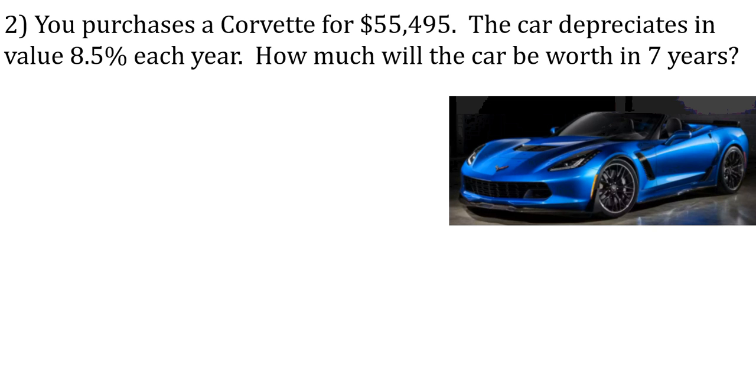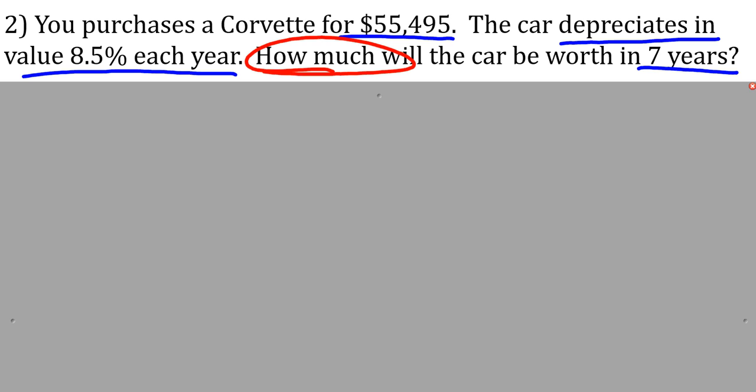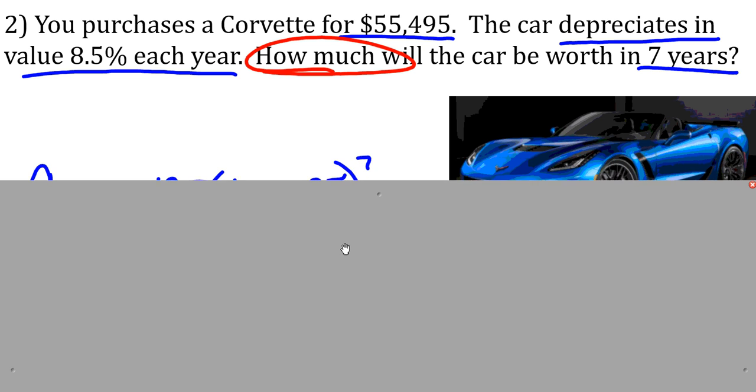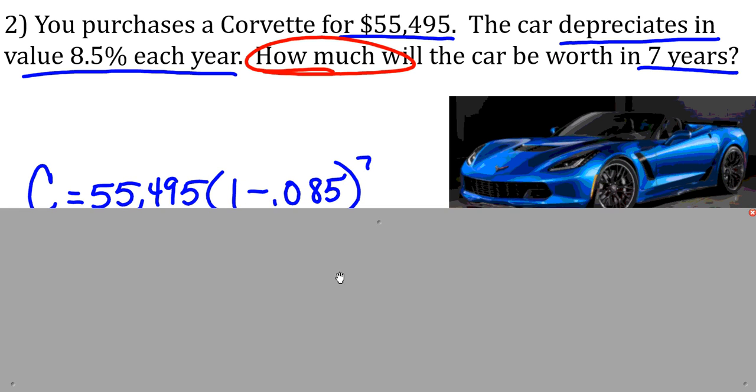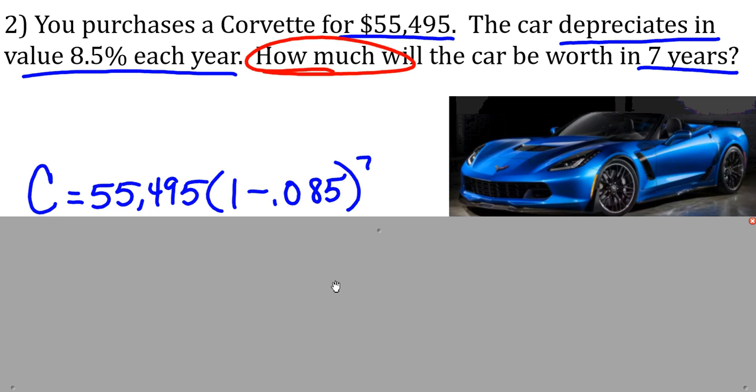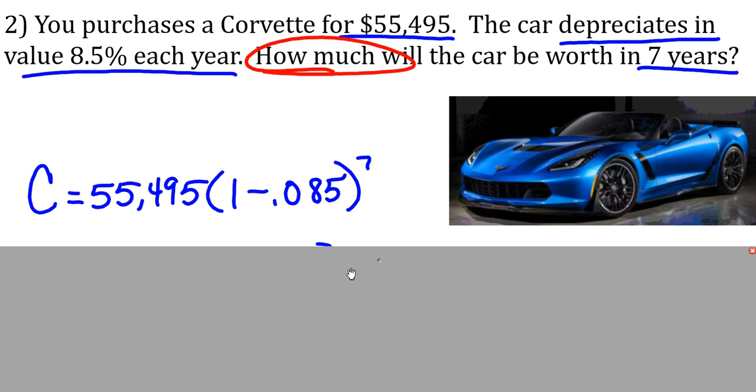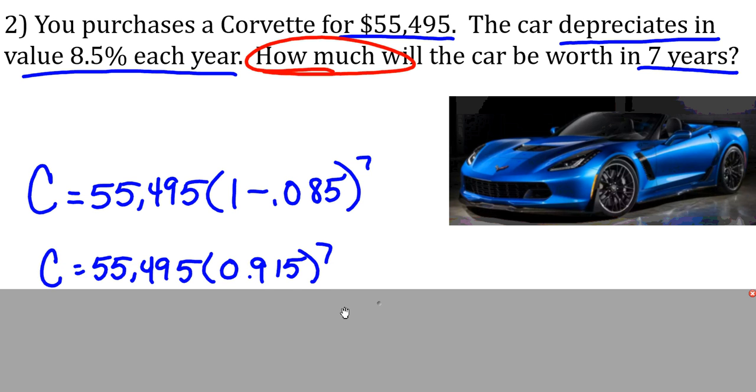What kind of equation could we write for this problem? The value of the car, let's call that C for the Corvette, is 55,495 times 1 minus 0.085, losing 8.5% per year, for 7 years. If you thought of it in terms of 100% taking away 8.5%, that means you're keeping 91.5%. This is what it is as a percentage for 7 years.